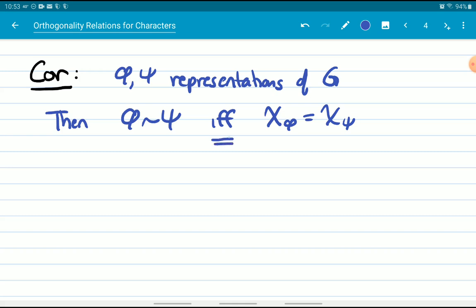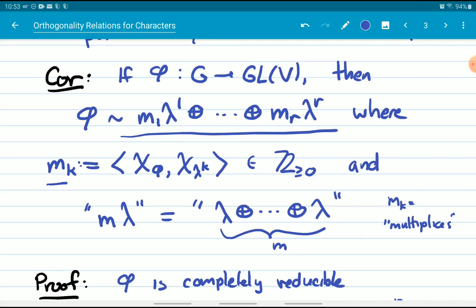We actually knew this direction already. If the representations are equivalent, their characters were equal. But now we've got the other direction too. You see, if the characters are equal, then the character determines all the information we need to compute the coefficients in this formula. So if two representations have the same character, they're both going to be equivalent to the same direct sum of irreducibles. So they're equivalent.